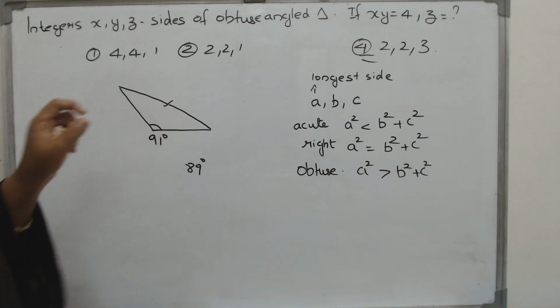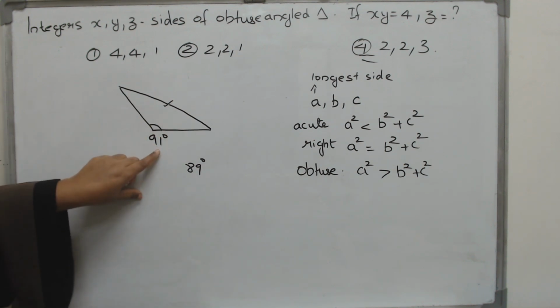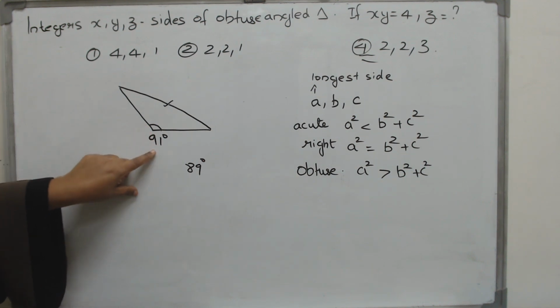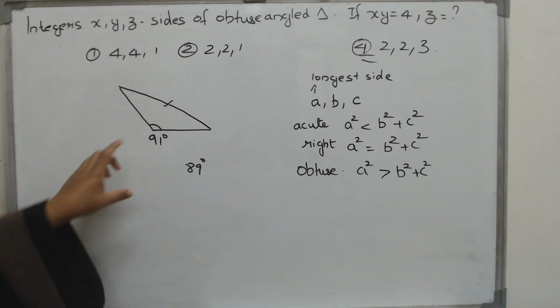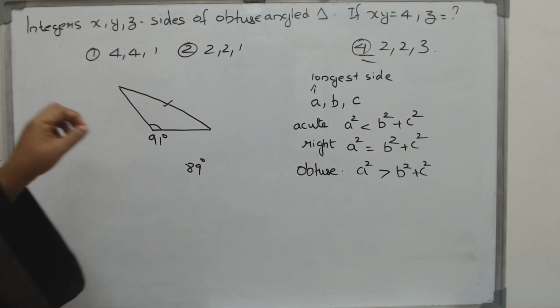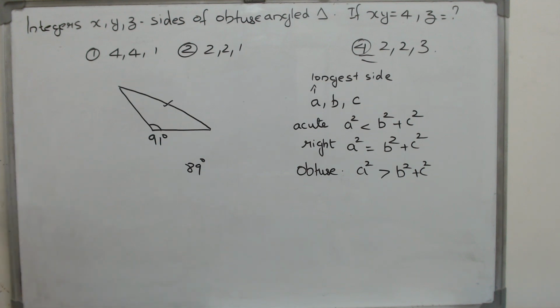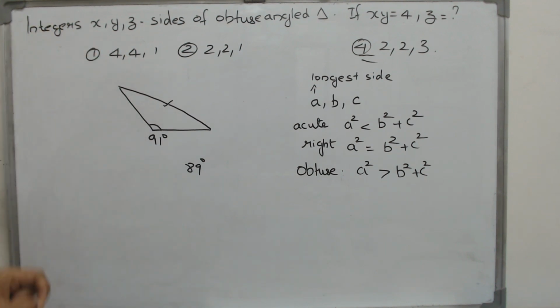So the other two have to be acute, less than 91. You have a clearly greater angle, which means you will have a clearly greater side. So in an obtuse angled triangle, you will have one angle which is clearly greater than the other two angles, which means you will have a side which is clearly greater than the other two sides.